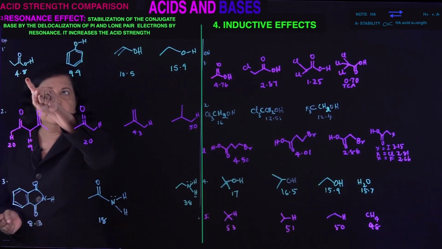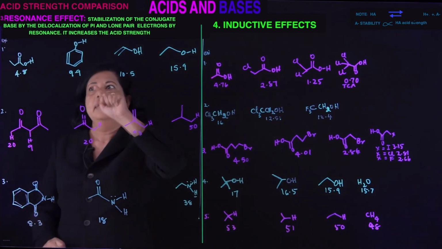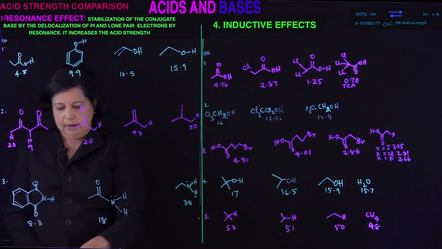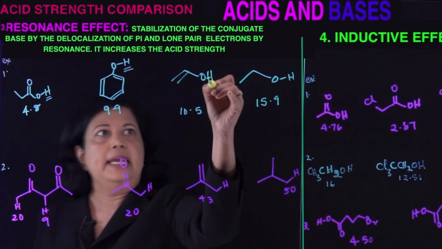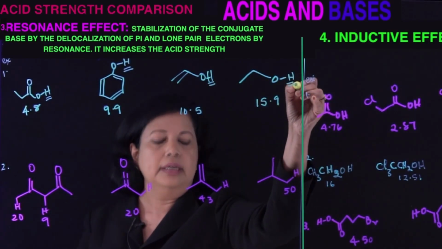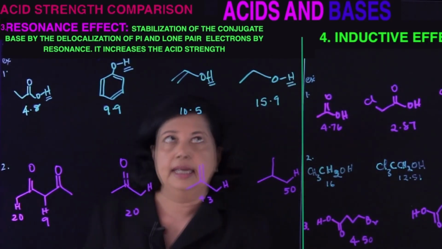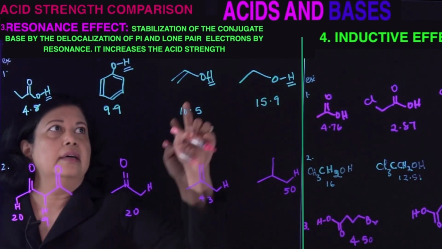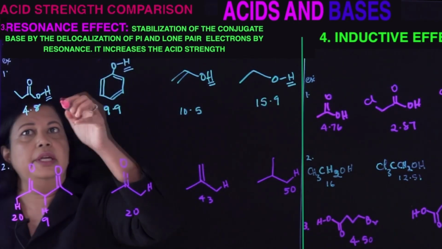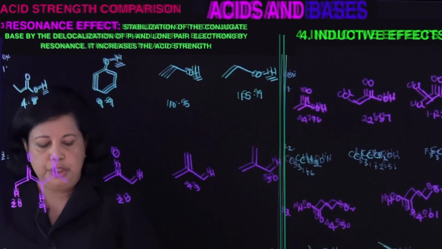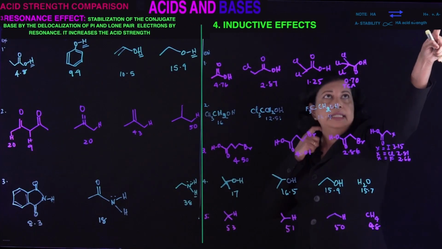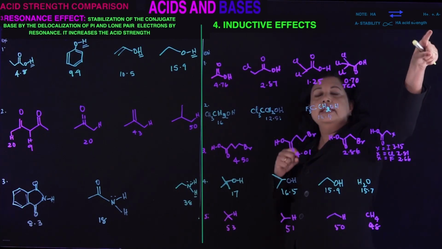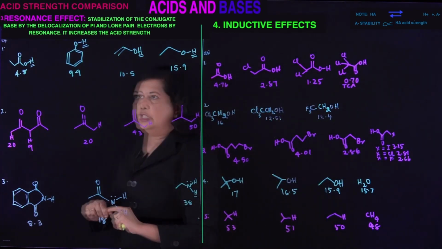Here's a carboxylic acid. All of these are OHs, and we're talking about the pKa of this OH coming off. So here, if you talk about the conjugate base of this, as I said before, the A minus stability is the thing that really determines the acidity of HA.